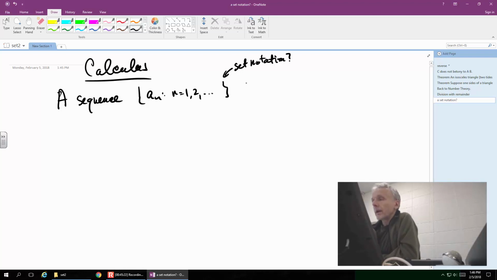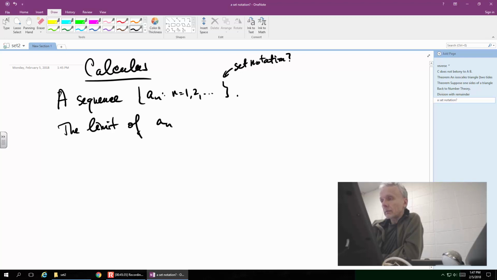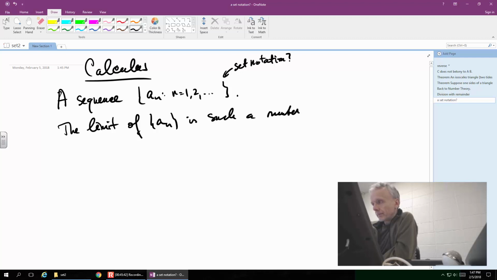Sometimes the language becomes loose, and so a sequence is given, and then you say, I want to define the limit. The limit of a_n, sometimes you omit the rest of them, is such a number L that, do you remember the definition? Well, it actually starts out the same way.